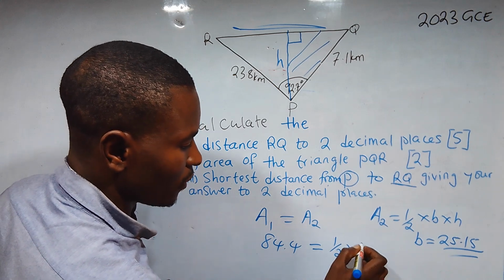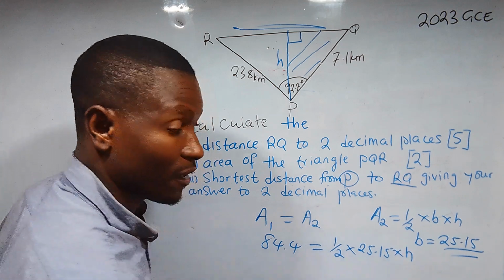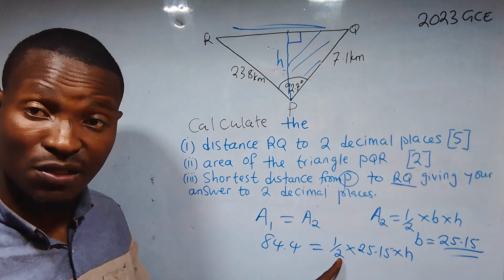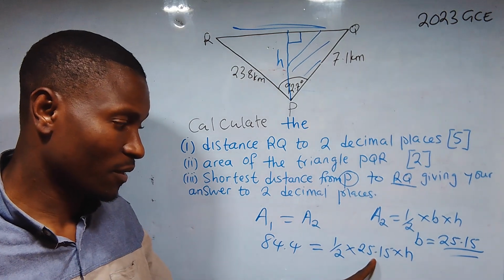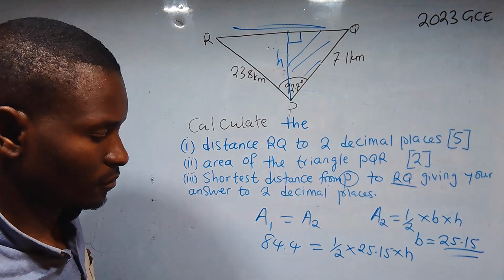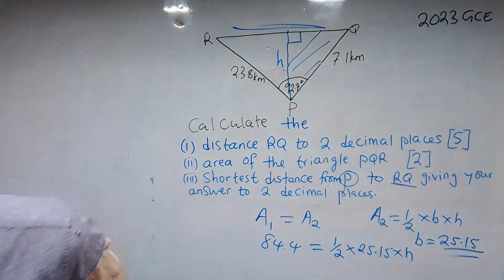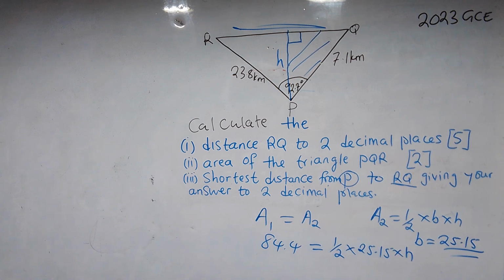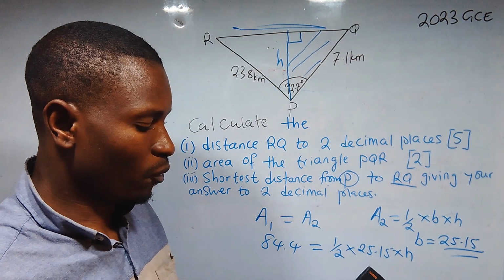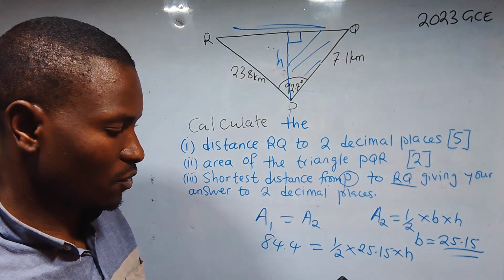So I'm going to say 25.15 multiplied by the H. We are looking for the H, so what you can do is divide these two into this. Okay, so I'm going to get the calculator now. 25.15 divide by 2.